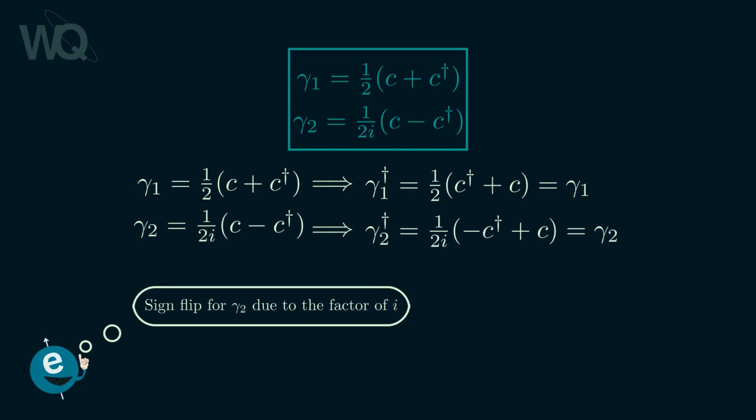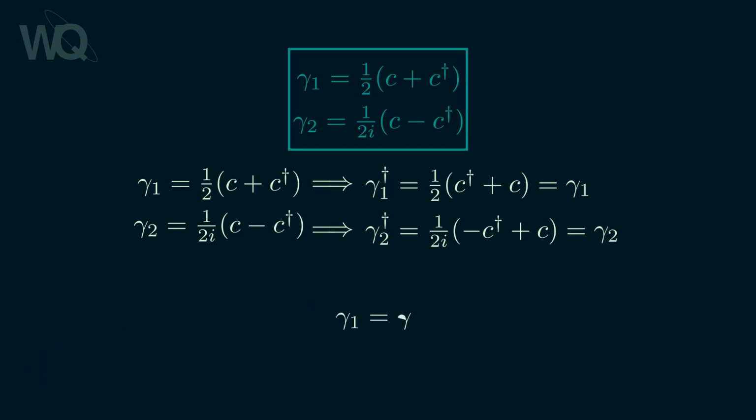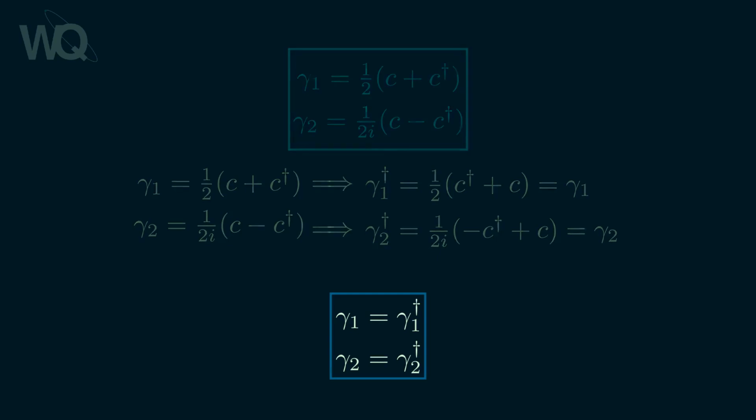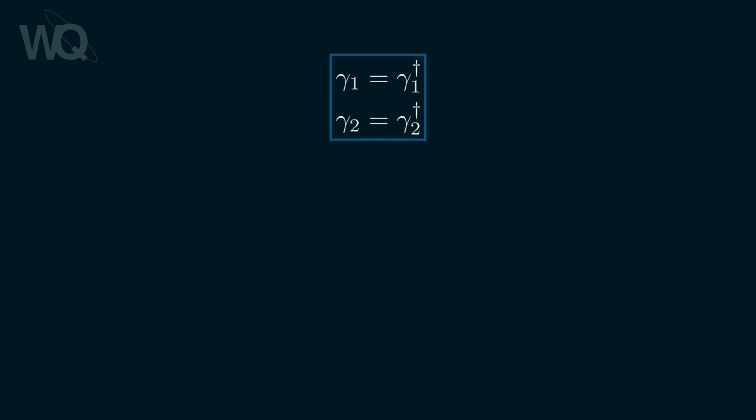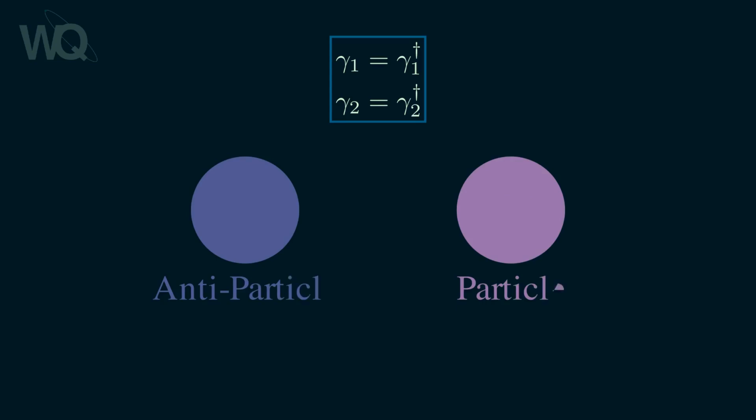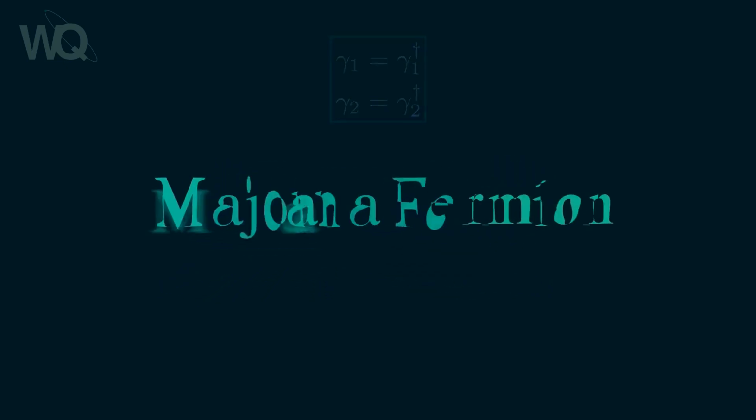This means that the creation operator equals the annihilation operator. And in terms of physical particles, it means that the particle is its own antiparticle. Such a particle is called a Majorana fermion.